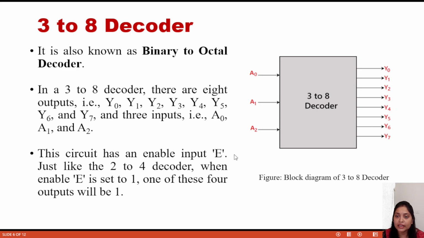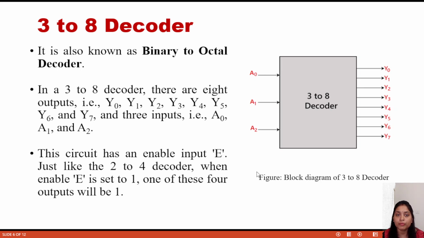Here also there is an enable input. It is not mentioned here, but the enable input is always there. When the enable input is 1 or high, only then does this 3 to 8 decoder work. Otherwise it will not work, whatever the input combination is.